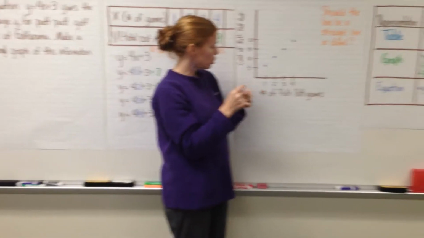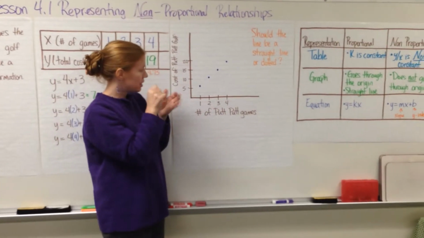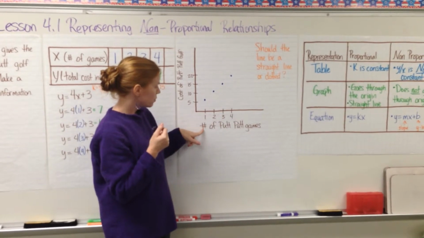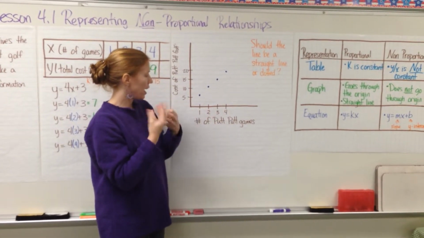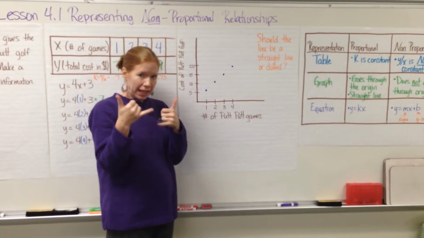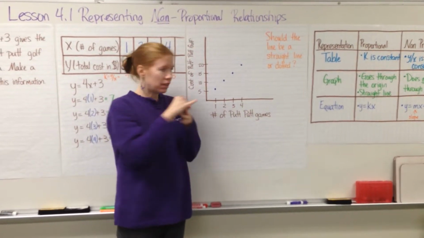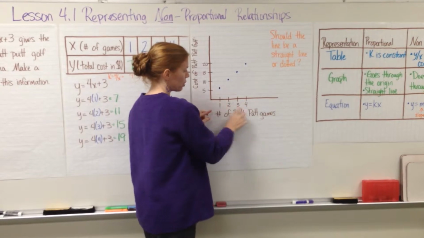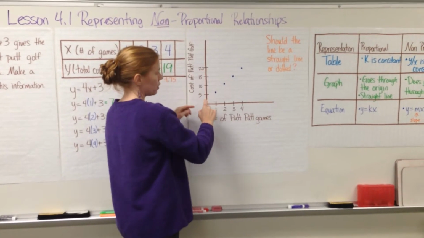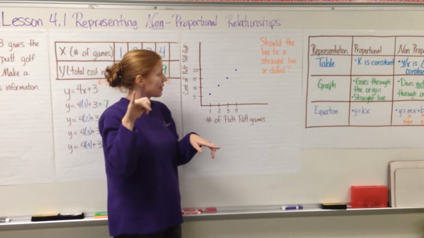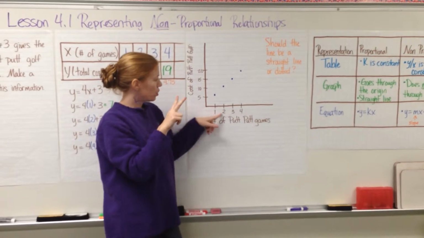The next thing you need to do is make a chart for this information. Okay? So, on the bottom I have how many games you play, and on your note page you're going to add the lines and the numbers on both the x and y axis. Okay, so I've added 1, 2, 3, 4.